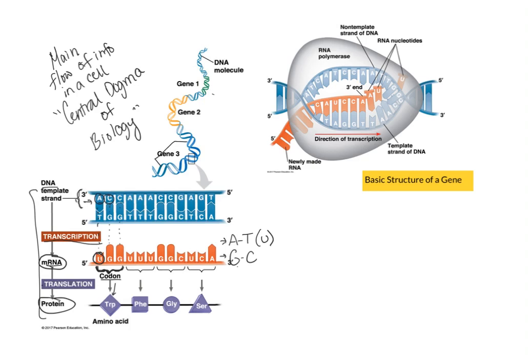Now, transcription, as you can see right here, which we're going to focus on for the remainder of the lesson, right, is this process of using DNA, a gene, as a template to make an mRNA molecule. And I want to show you here in this diagram that the enzyme that performs transcription is called RNA polymerase, or RNAP for short.